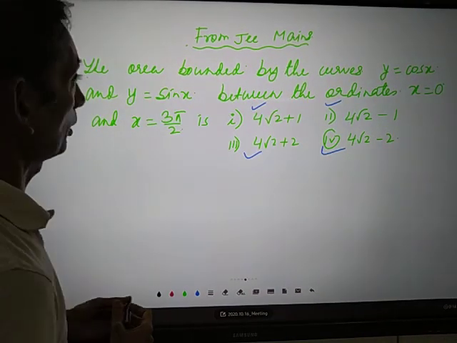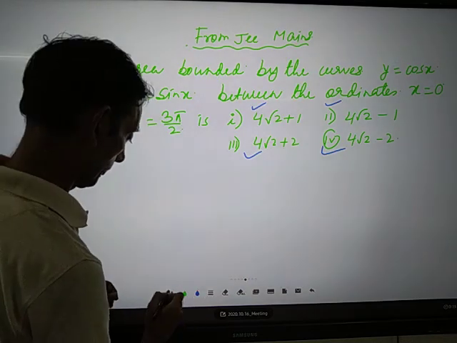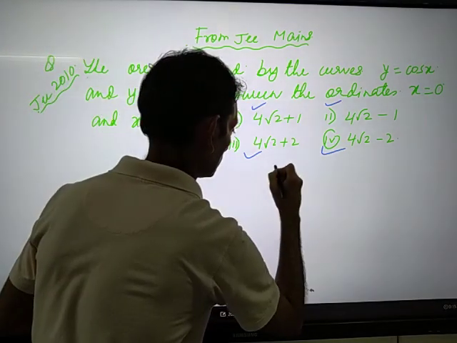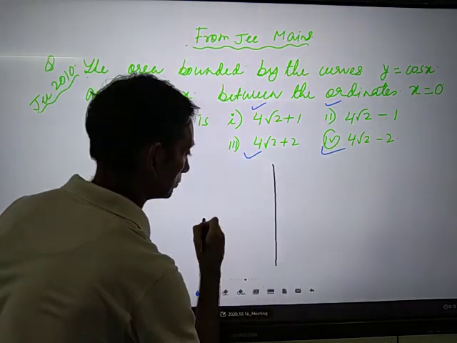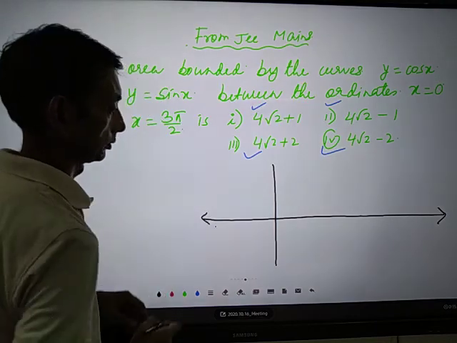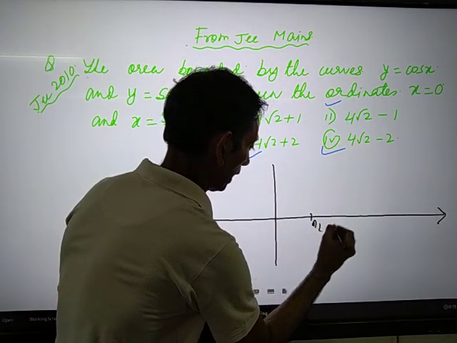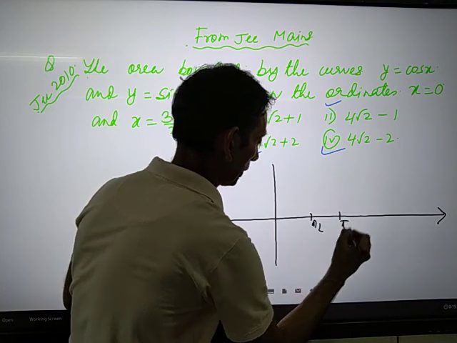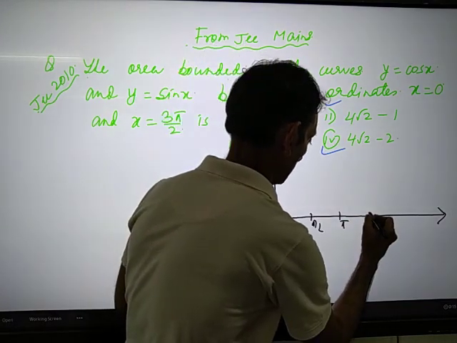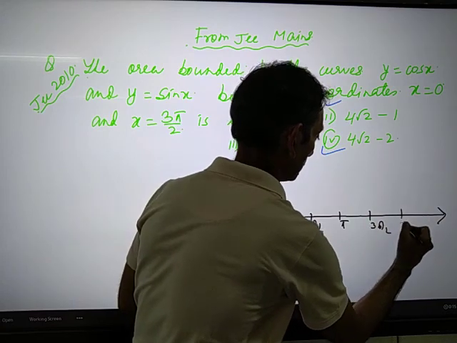First we'll draw the axes, marking pi by 2, pi, 3 pi by 2, 2 pi.